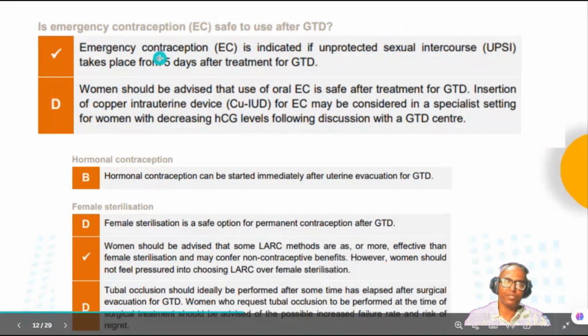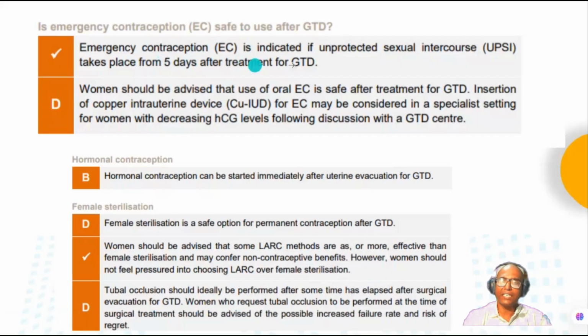Then what about emergency contraception? Emergency contraception is indicated if unprotected sexual intercourse takes place from 5 days after the treatment for GTD. So you can give emergency contraception. Then which emergency contraceptive should we use? Women should be advised that the use of oral EC is safe.